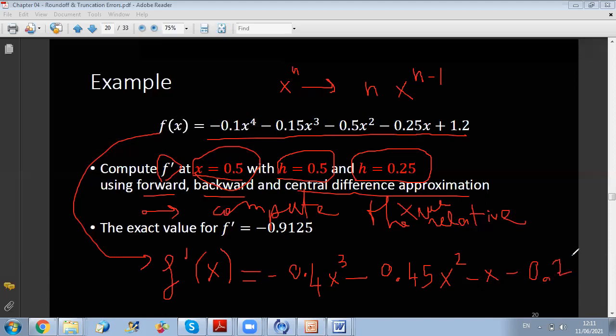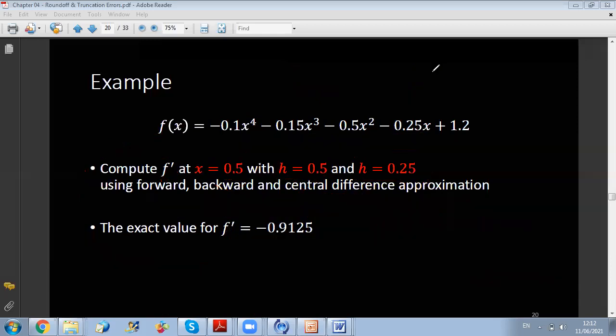In this way, I am able now to calculate the exact value by just replacing in f prime of x, I replace x by 0.5. I get then that the exact value is f prime at 0.5 equal to minus 0.9125.